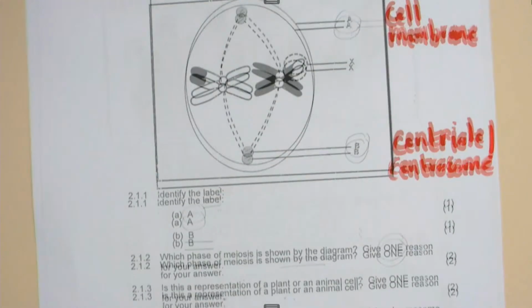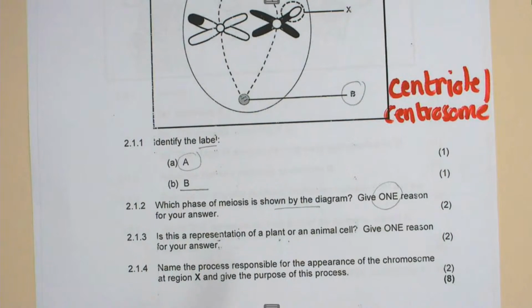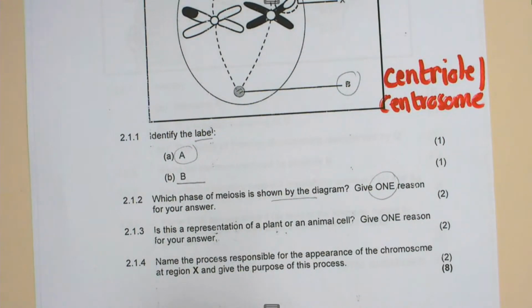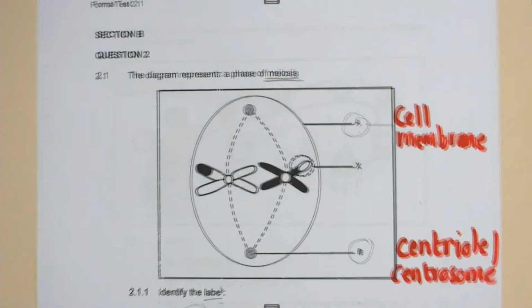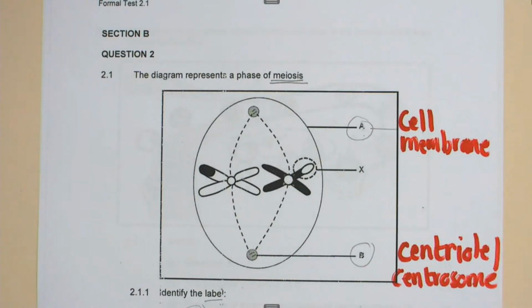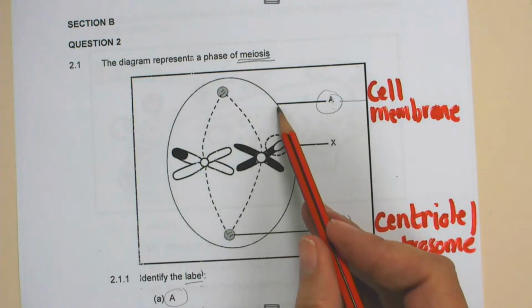Then if we go to the next question: is this a representation of a plant or animal cell, and give a reason for your answer. If we go back to this cell, we have to identify this as an animal or a plant cell. In this case, there's only a cell membrane there.